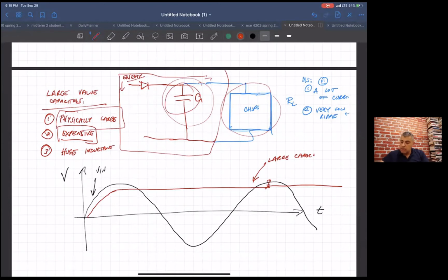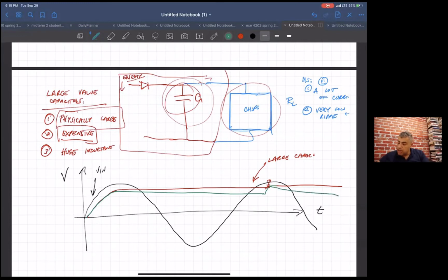It still gets charged up, because here the diode is on, but when the diode turns off, assuming R_L stays the same, it's going to start discharging faster. It'll still go up to the same value and then again start discharging faster.